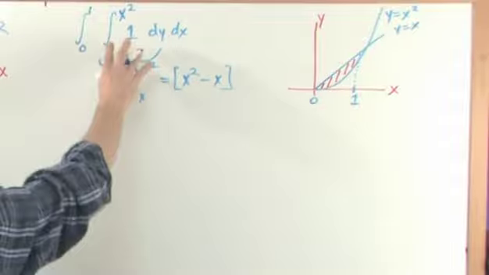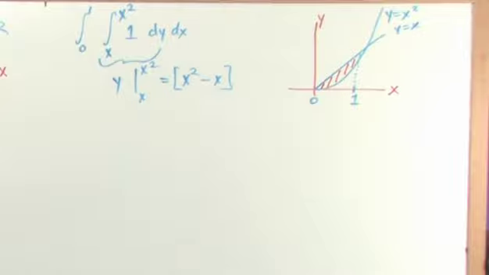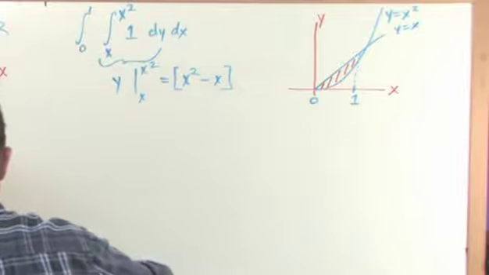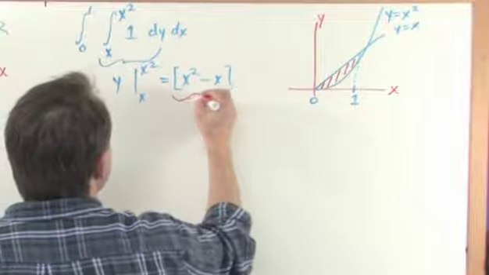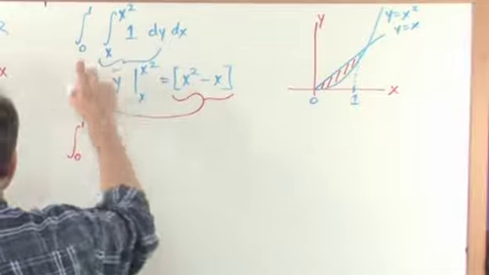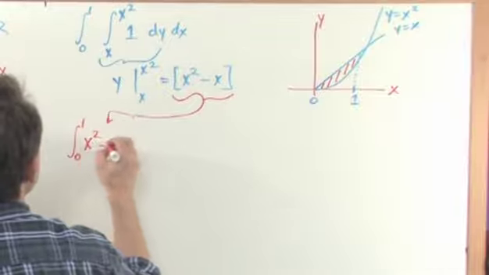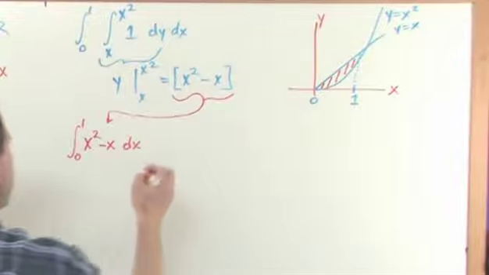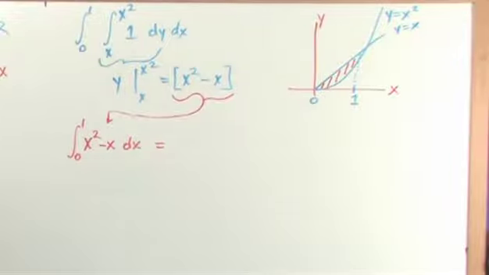So this is the value of that inside integral, and now I need to take that and integrate it along dx. So I'm going to integrate from 0 to 1 of x squared minus x along dx. And this is a regular one-dimensional integral from Calculus 1.